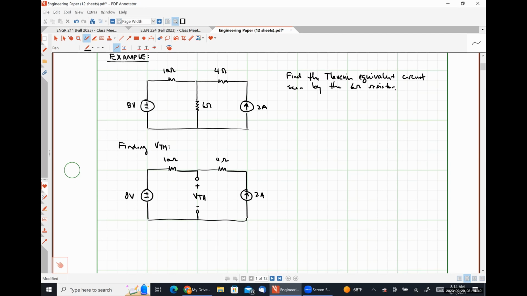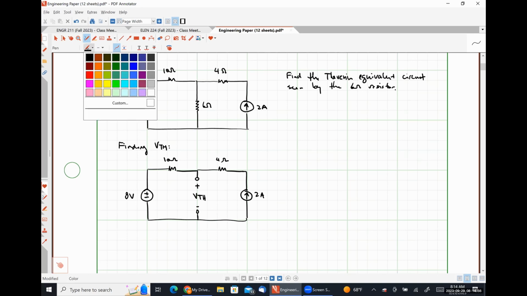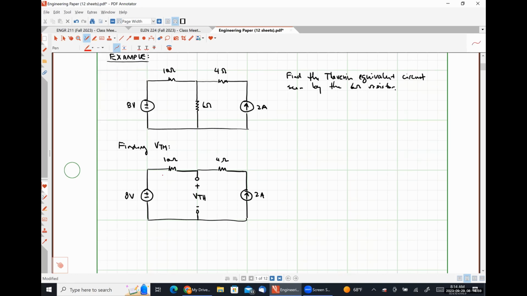But we can make a simple observation as well. Because this is a single loop circuit and there is a current source driving a fixed amount of current around this circuit, we know what all of our resistor voltage drops are, right? Just using Ohm's law, I could say very easily that this voltage is going to be 20 volts, because 2 amps times 10 ohms is going to look like 20 volts.